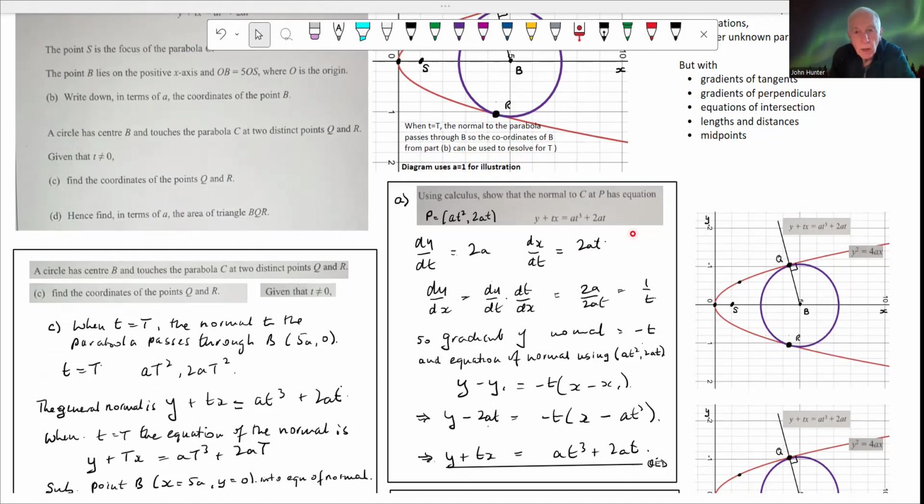Typically with these things, we're going to find the gradient at the general point.